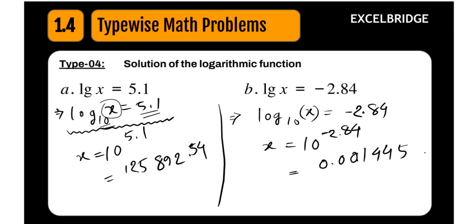That's a fundamental tutorial lecture for this chapter. And in the upcoming classes we will learn more advanced topics about logarithms and exponentials, and we will explore the chapter.